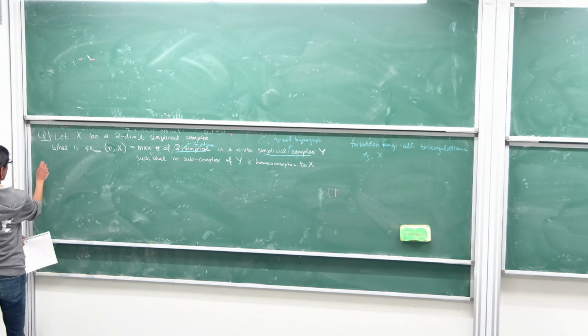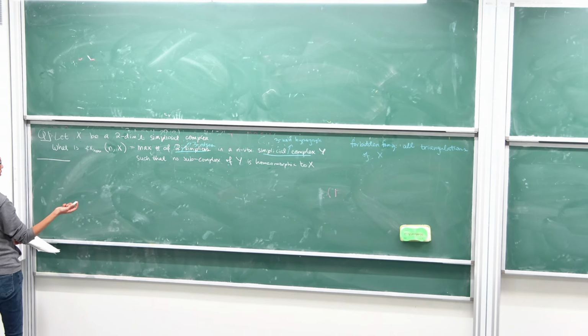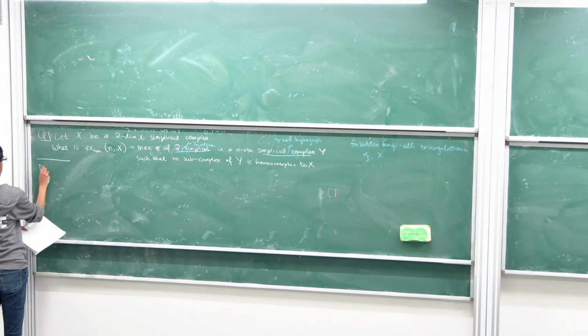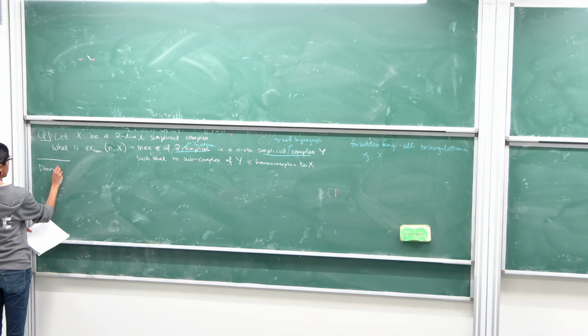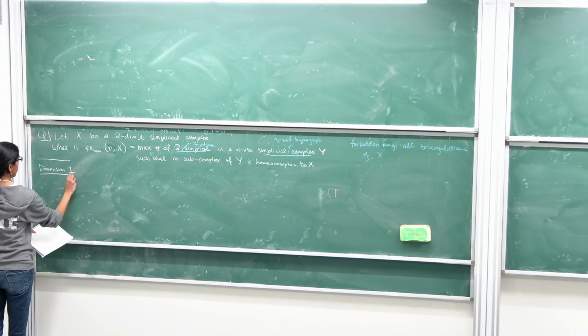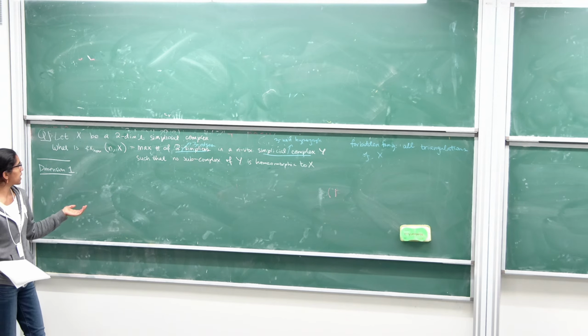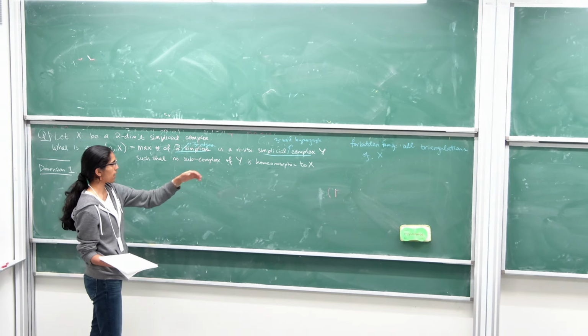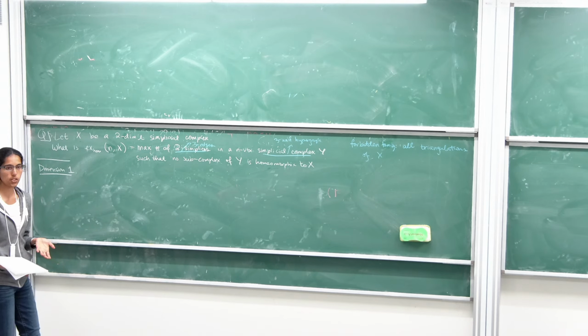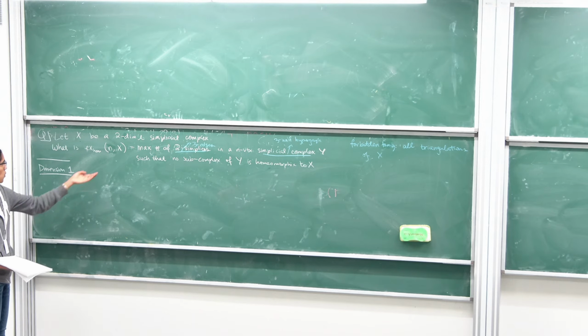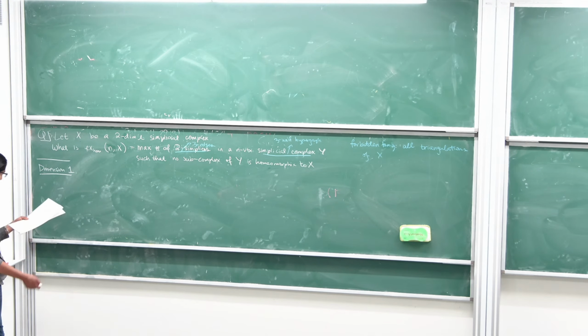So I think it's worth mentioning if we go down a dimension, then this becomes a question about graphs. How many edges can you have in an ordinary graph so that you don't have a subdivision of your forbidden one-dimensional simplicial complex?